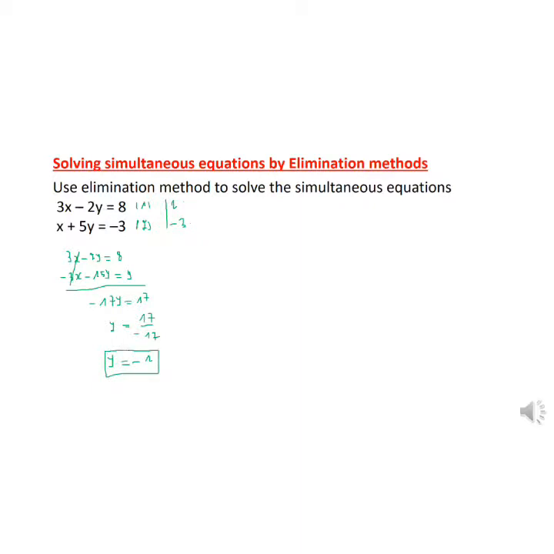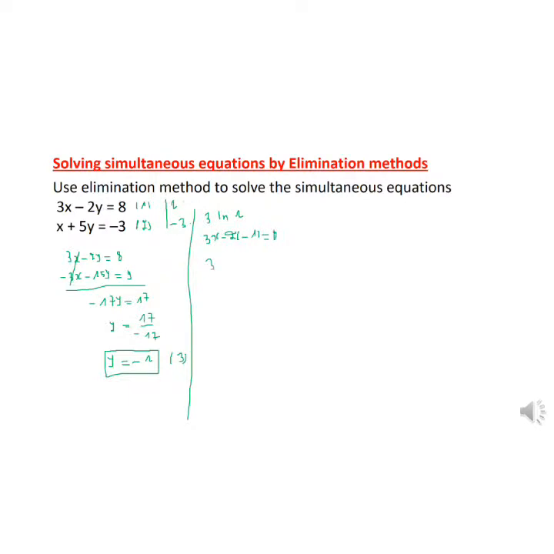Now let us take this value of y as equation 3. Now you can substitute, or replace y in equation 1. It means that in equation 1 you have 3x minus 2, replace y by negative 1, multiplied by negative 1, is equal to 8.